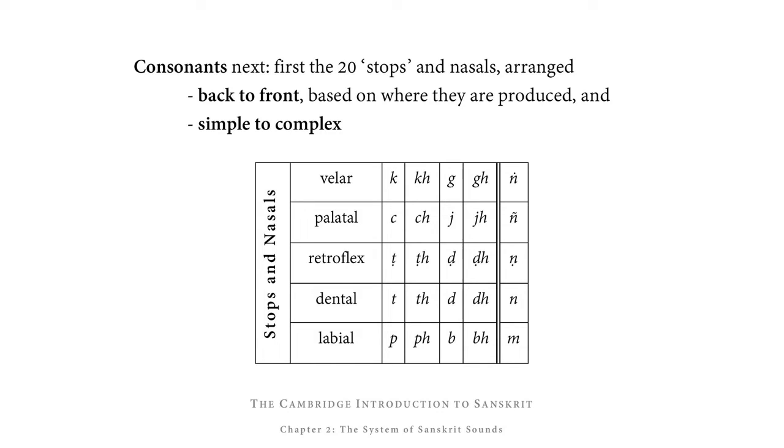Unvoiced means that voice, i.e. vibration in your vocal cords, is absent. When I say k, my vocal cords don't vibrate, whereas if I say g, which is voiced, they do vibrate. So vibration of your vocal cords is also called voice.